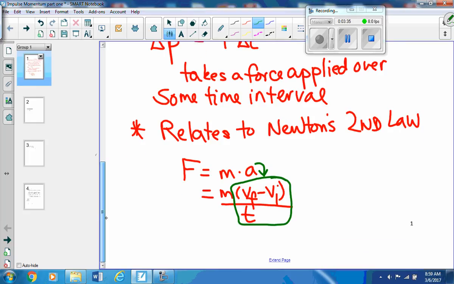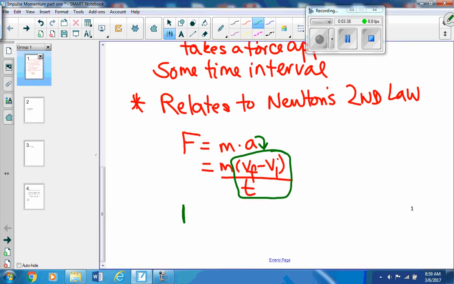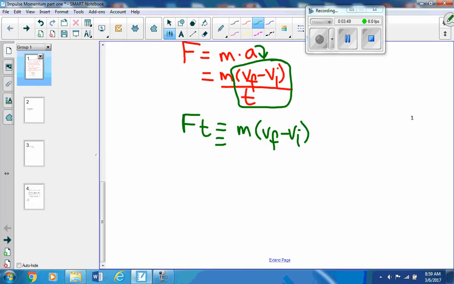And of course, if we multiply both sides by t, we do end up with the impulse momentum equation. We can use that a number of ways, so I'm just showing you a couple variations of that, depending on what information you have. And so all of these things are equivalent.